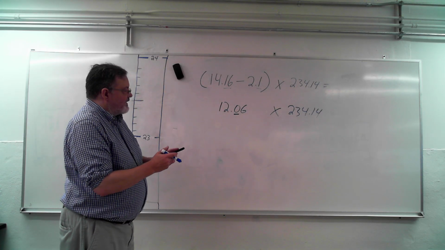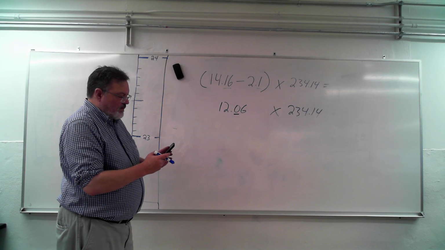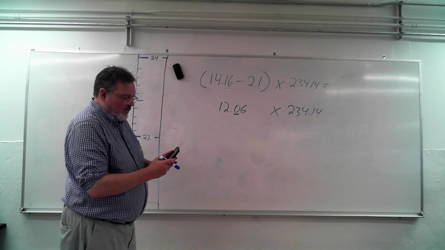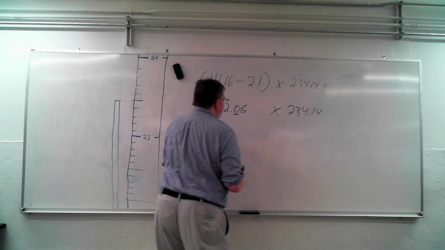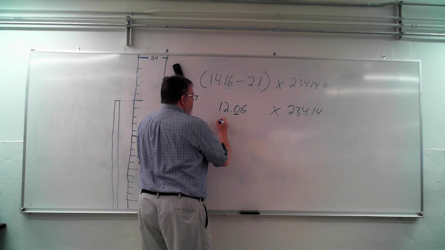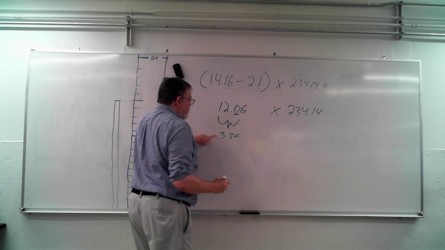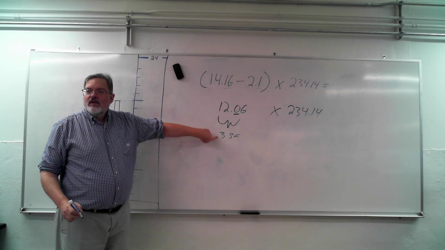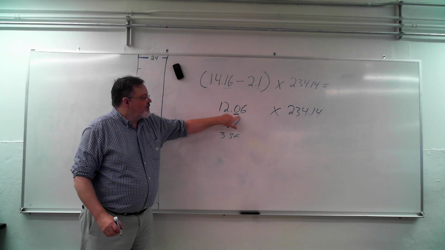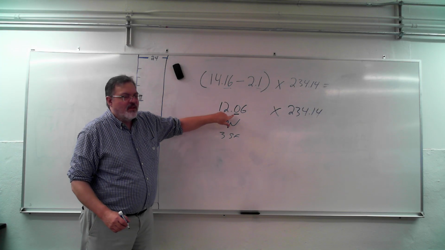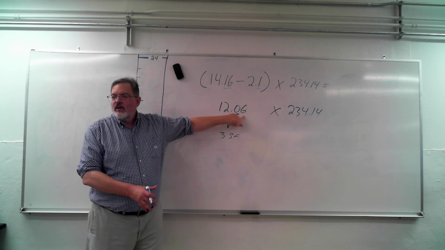I've got 12.06 in my calculator, and now I'm going to go times 2, 3, 4, 1, 4. Does that make sense? This is 4 significant figures, what I've got here, but this little underline was telling me that this really should be 3 significant figures. I'm just keeping that to keep the accuracy of my calculation going.